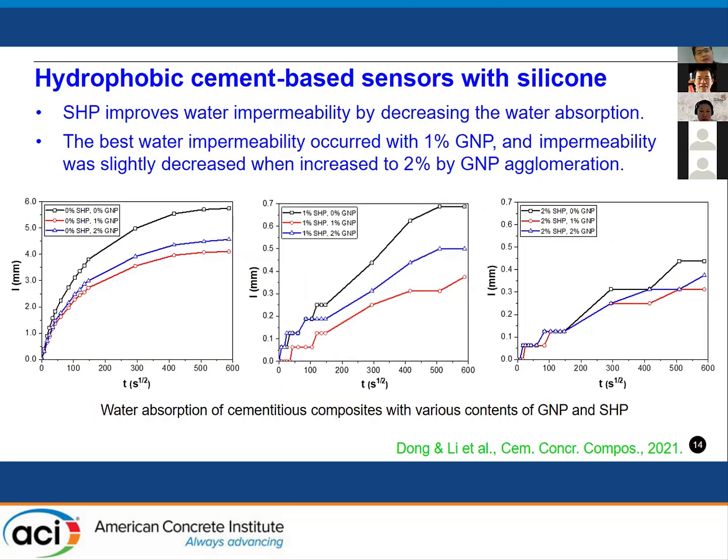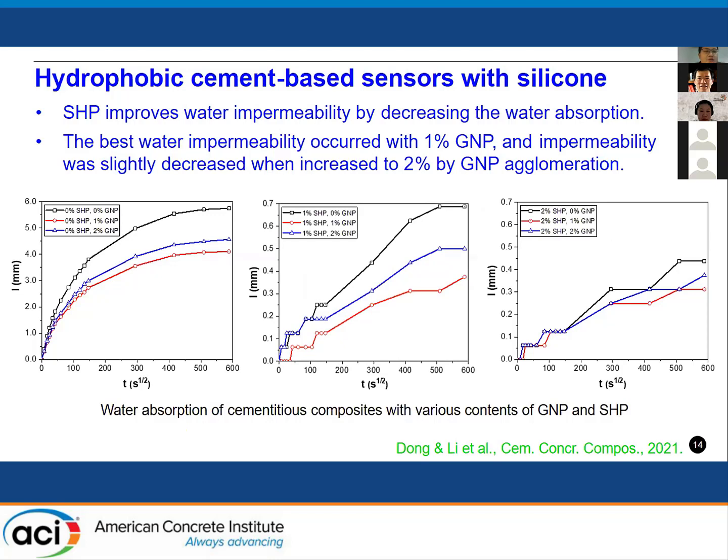So now here we talk about the water absorption as a function of time with various content of GNP and SHP. Firstly, we can see SHP can clearly improve the water impermeability by decreasing the water absorption, right?